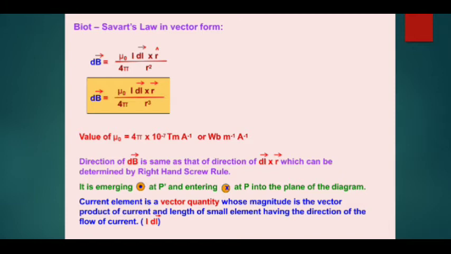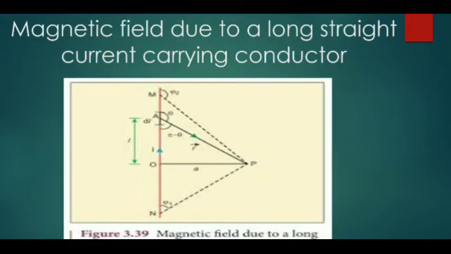This points emerging at P and entering the plane of the diagram. The current element is a vector quantity whose magnitude is the product of current and length of the small element, having the direction of the flow of current, that is I dl. That is Biot-Savart law.